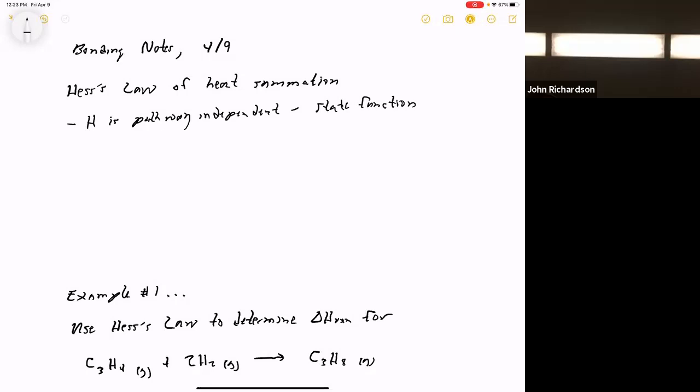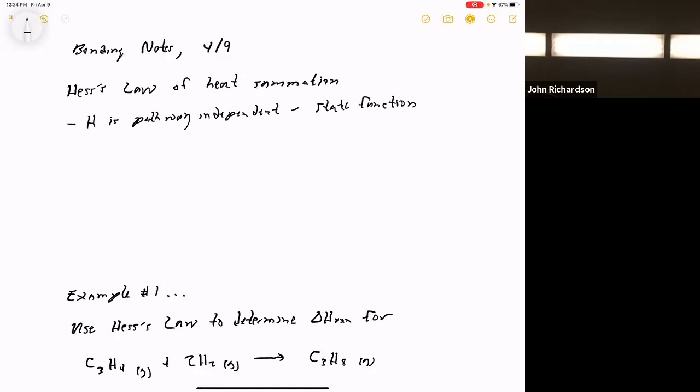Well, this is where Hess's law comes into play. What I can do is summarize that reaction in terms of other reactions that I can sum together, whose delta H's I can actually measure using a calorimetry experiment. All right, so that's the situation that we want to take advantage of here.